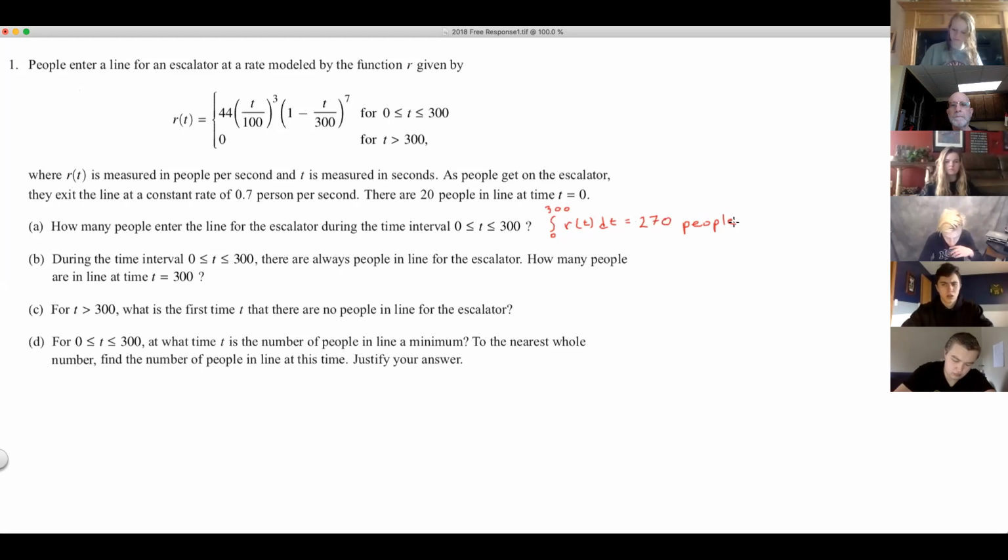Do you do 20 plus 270 minus 0.7 times 300? Yeah, exactly. Okay, let me write that down, which ends up being a lot simpler, but I'll show you what they give as a rubric. So I agree with you. I think there are 3 pieces to take a look at. Currently, at time 0, there's 20, correct? Those are the people already there. Plus, you just did this integral. These are the people that entered the line.